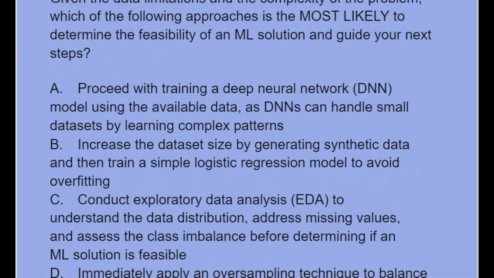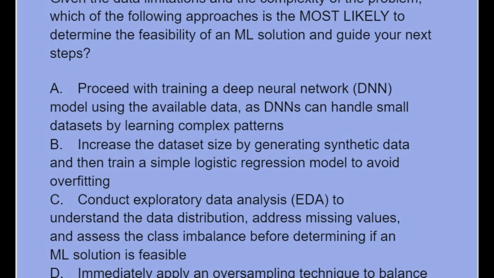Option A, proceed with training a deep neural network, DNN, model using the available data, as DNNs can handle small datasets by learning complex patterns. Option B, increase the dataset size by generating synthetic data and then train a simple logistic regression model to avoid overfitting.